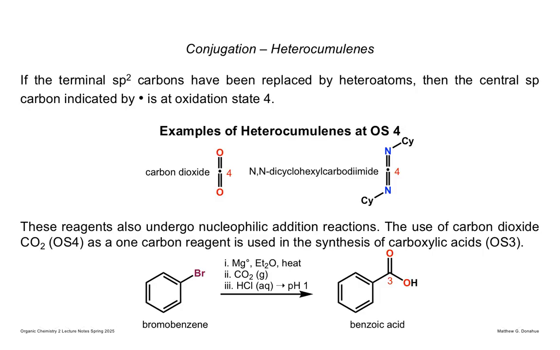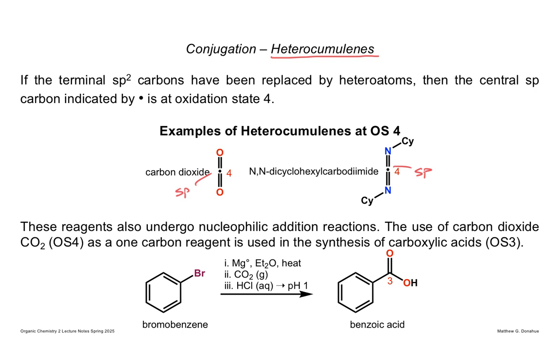So as I mentioned, you can also have these cumulenes with heteroatoms, so these are called heterocumulenes. And again, the central atom is going to be sp hybridized. So sp, sp, and now we've substituted the terminal atoms for either one or two heteroatoms.